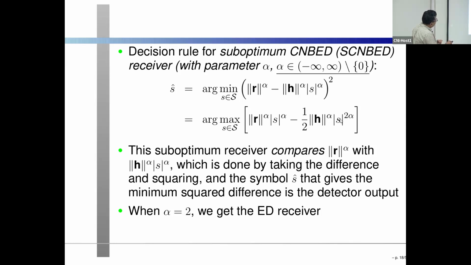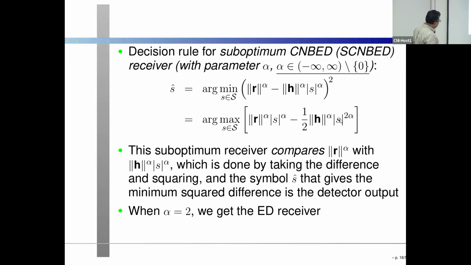So here we try to match norm of R to the power of alpha to norm of H to the power of alpha into mod of S to the power of alpha, and then take the square. So this is argmin of that, and this can be simplified if you expand. Okay, so this is how it looks. Basically, it compares norm of R to the power of alpha to norm of H to the power of alpha into mod of S to the power of alpha.